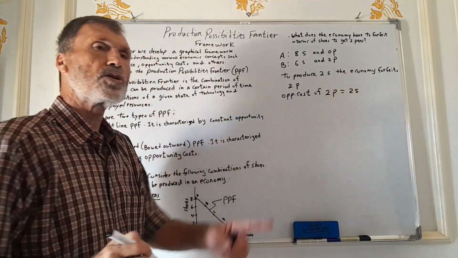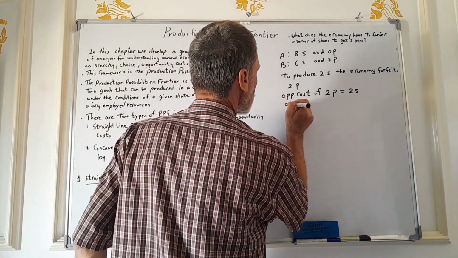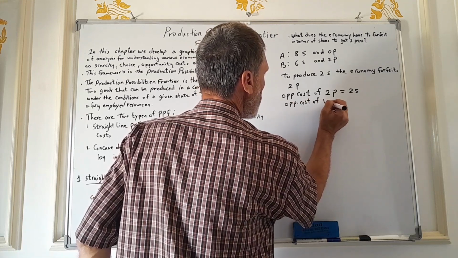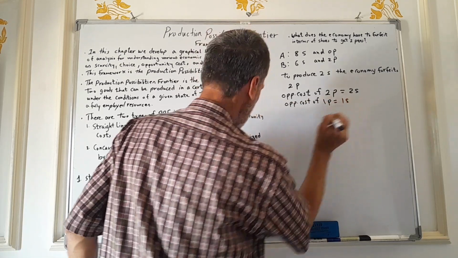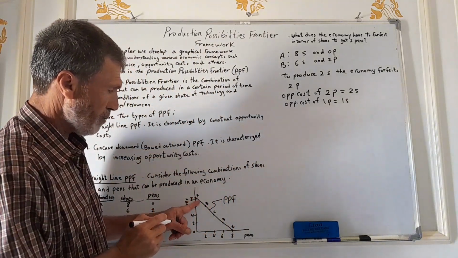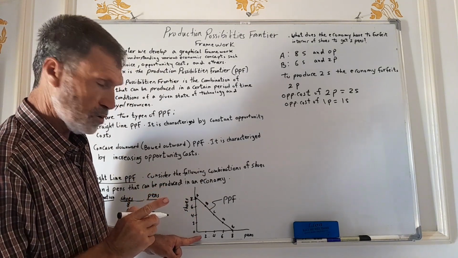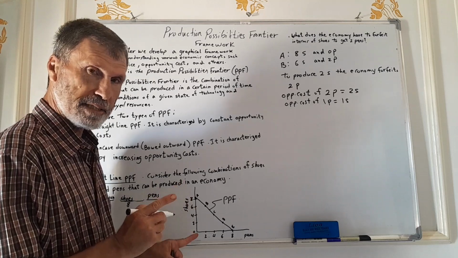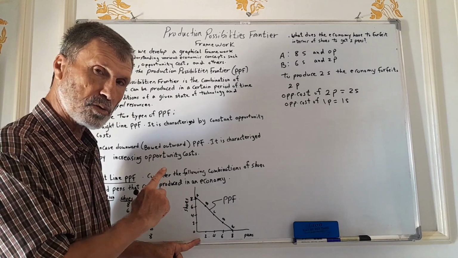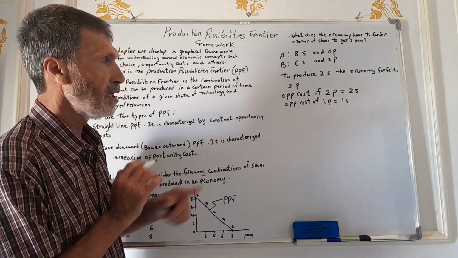So what is the opportunity cost of 1 pen? This is 1 shoe. So the opportunity cost of 1 pen equals 1 shoe. As you move from A to B, the opportunity cost of 2 pens is 2 shoes. That is the opportunity cost of 1 pen is 1 shoe. 1 pen, 1 shoe.